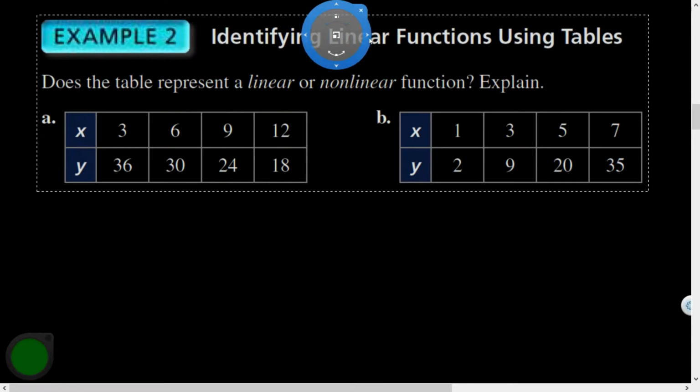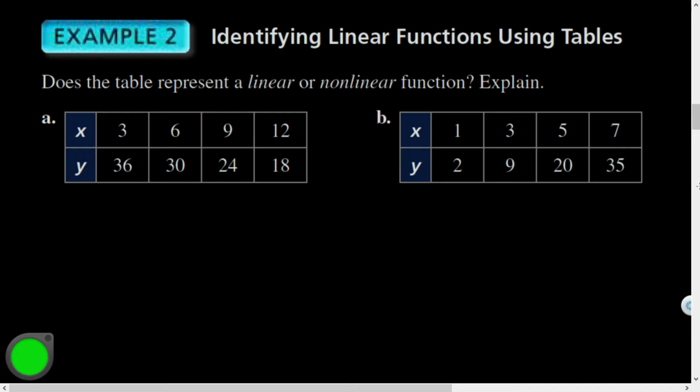Let's look at example 2. Identifying linear functions using tables. Does the table represent a linear or nonlinear function? Linear functions have a constant rate of change, so I'm expecting to see a pattern in the way that it changes.